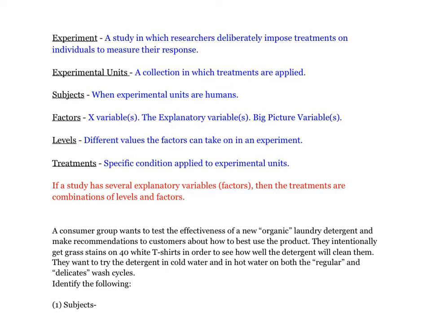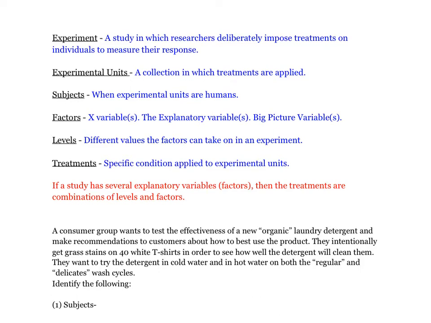You might be doing your experiment on growing conditions for tomato plants, where the tomato plants are the experimental units. You might be doing something on people, like blood pressure, or headaches, or cancer treatment. So experimental units is just who or what is in your experiment.